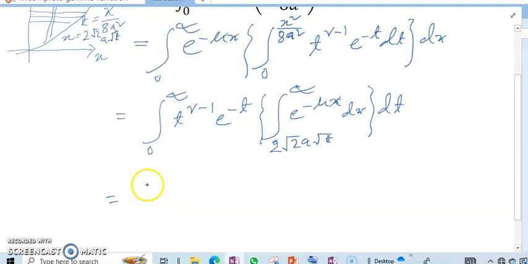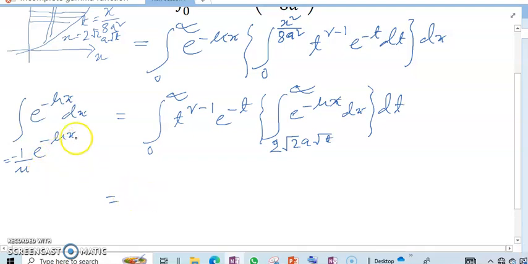So just the integral of e to the power minus mu x dx equals 1 by mu times minus mu e to the power minus mu x.